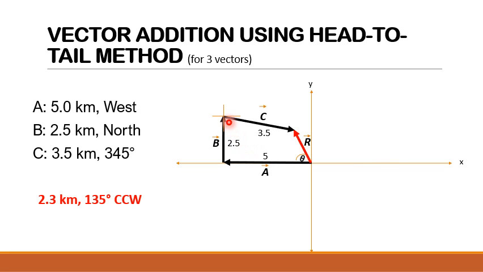So you will notice here that the arrow has been drawn in the fourth quadrant, with this length 3.5 kilometers. Now, to draw the resultant, coming from the origin going to the arrowhead of the last vector. So when measured, that's 2.3 kilometers, 135 degrees CCW. CCW stands for counterclockwise. So meaning the angle is measured from the positive x going to that location.